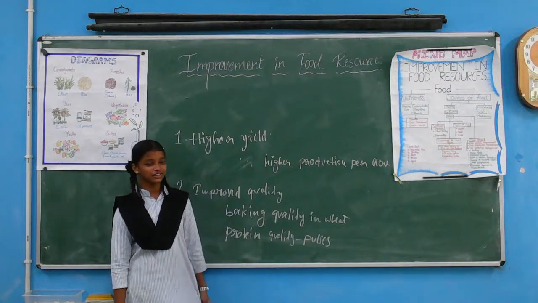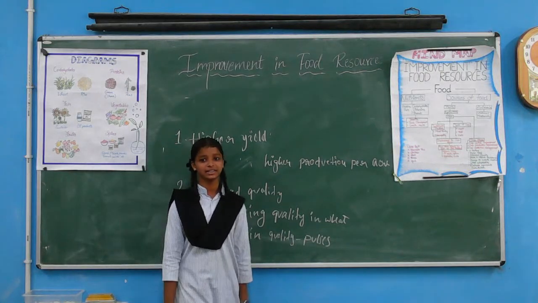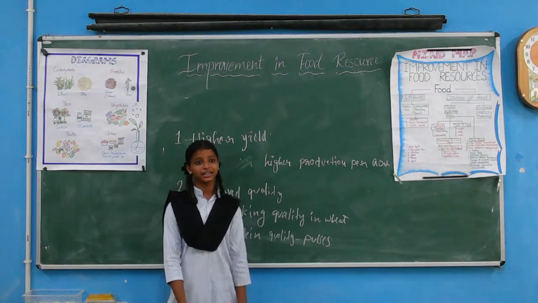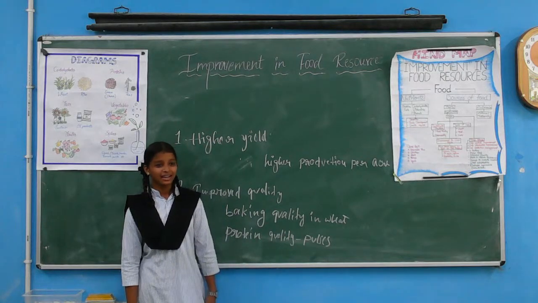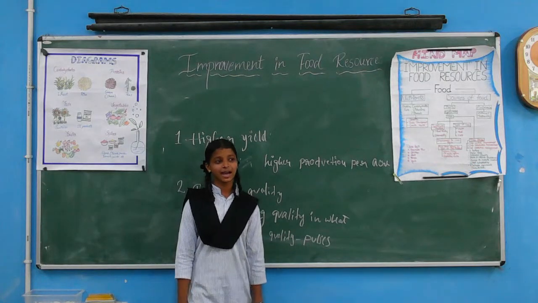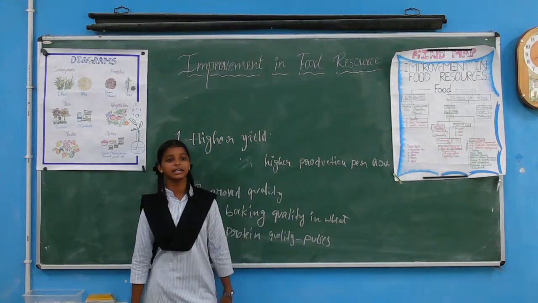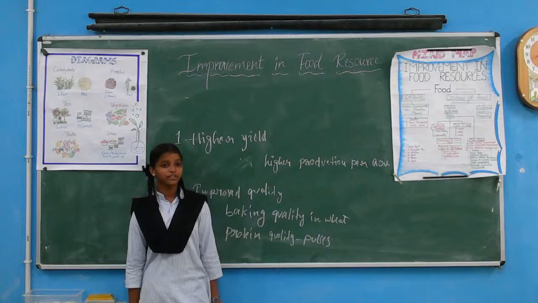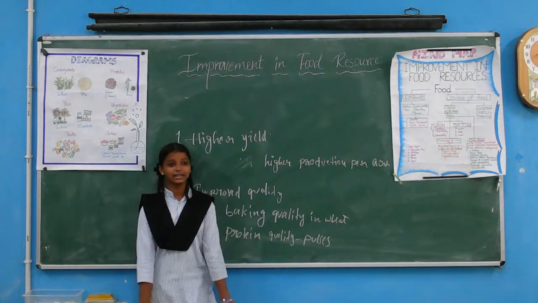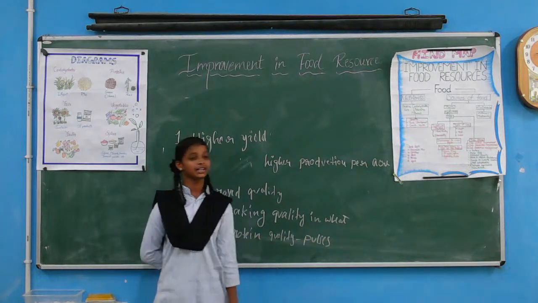Now we are going to look into the third one, biotic and abiotic resistance. What do we mean by biotic and abiotic? Biotic means it is made up of natural substances, and abiotic is made up of non-living substances. Due to this, the crop can improve very easily under different situations.